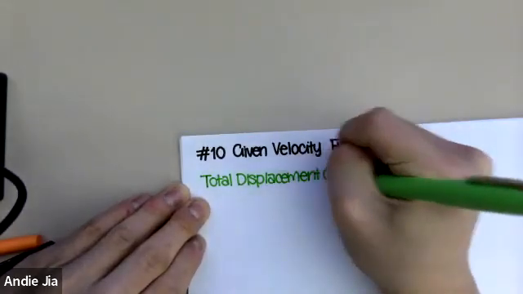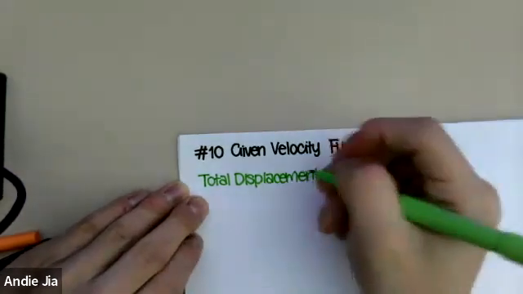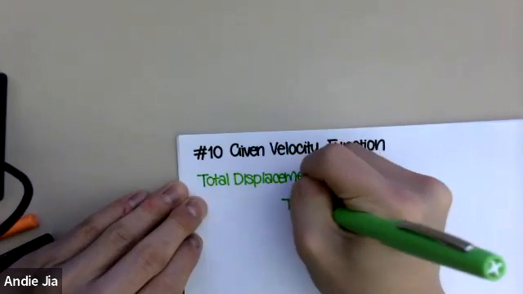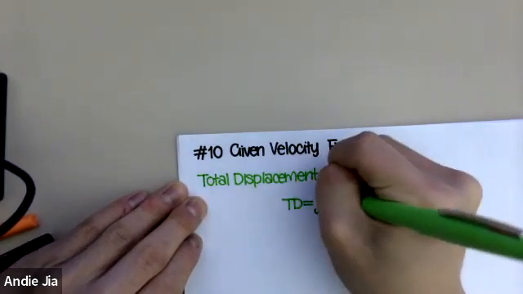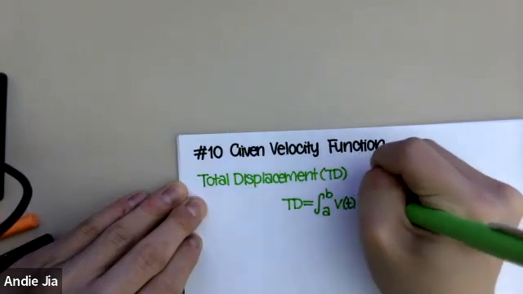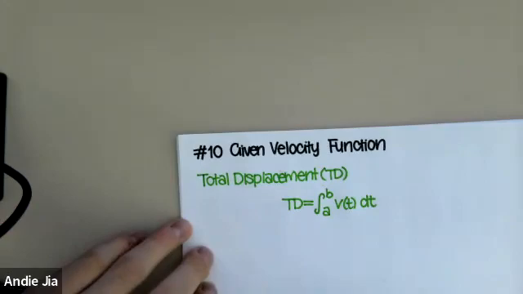TD just evaluates the integral. But for total distance traveled, TDT, we need to split it up, factor the velocity function, then evaluate the new integrals.